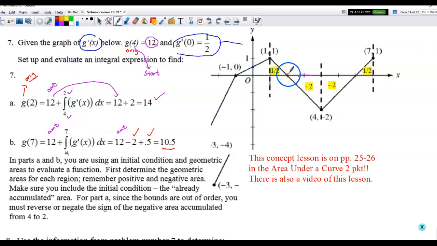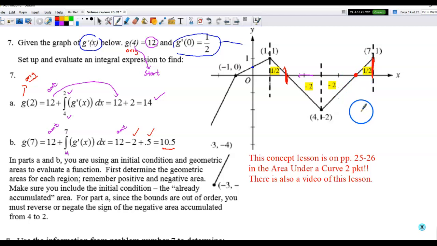So x equal to 2 is right here. X equal to 7 is here. Now, on that interval, there is one critical number at x equal to 6. I can see visually that g prime changes from negative to positive.